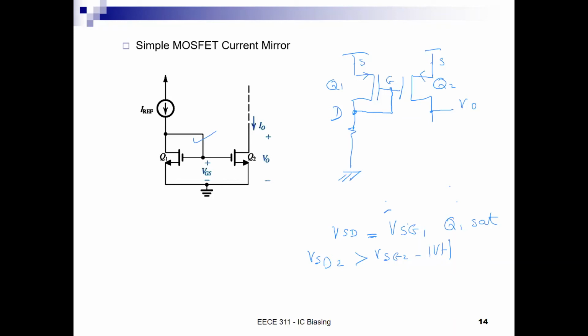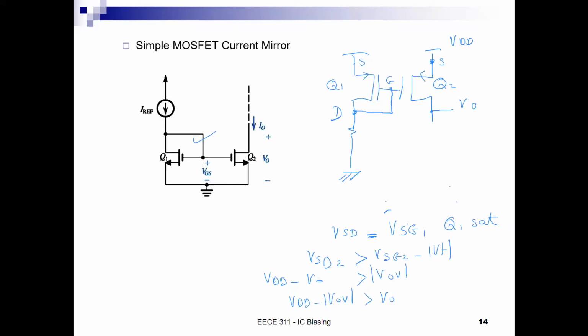So if this quantity is really VOV in absolute value, what is VSD2? What is VS? This is VDD, this is PMOS. So this is VDD minus VO. The saturation condition is a little bit different. So here we want VO to be less than VDD minus magnitude of VOV.